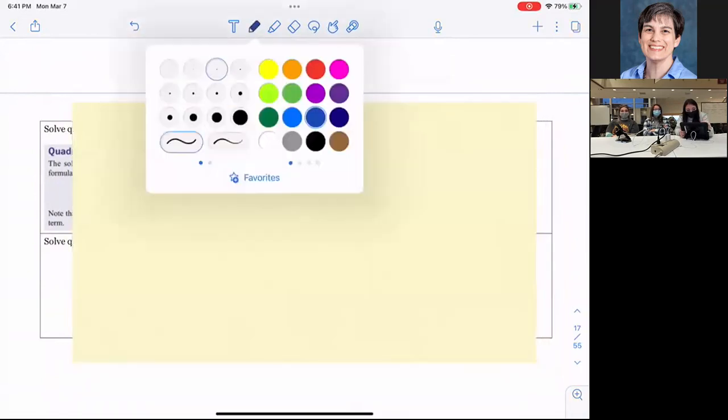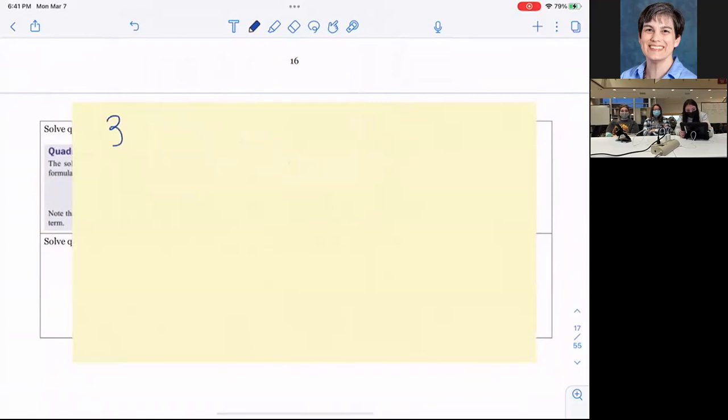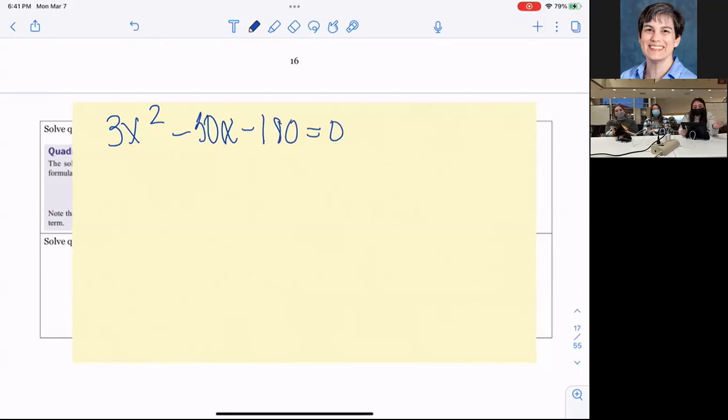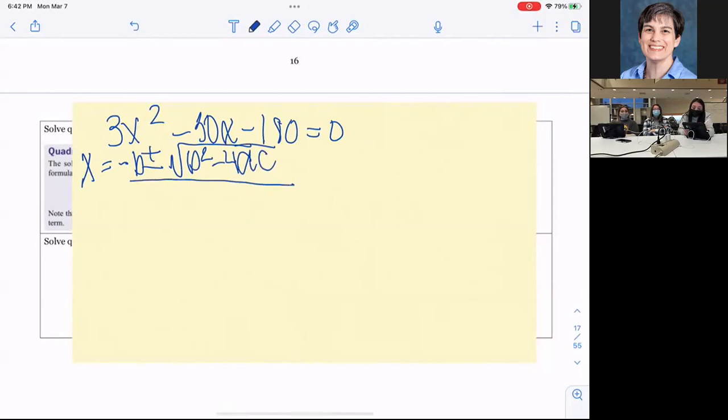Works best if you move it with your finger. That works. 6x squared minus 30x minus 180 equals 0. So we're going to use the quadratic formula, and we will do x equals negative b plus or minus the square root of b squared minus 4ac all over 2a.